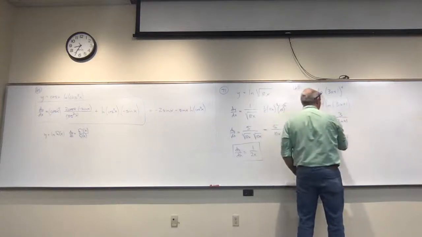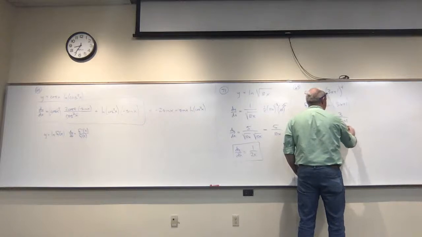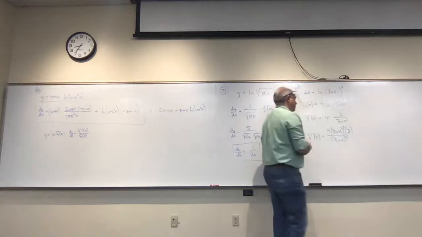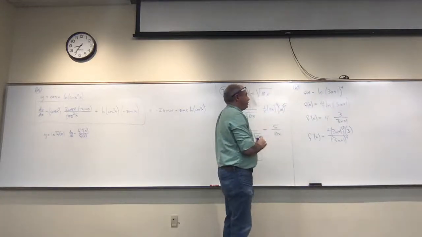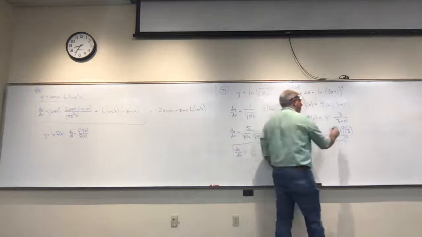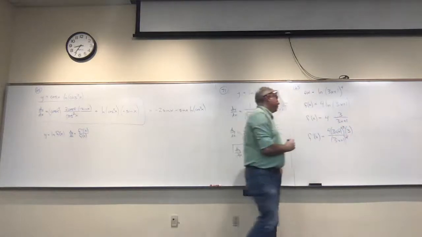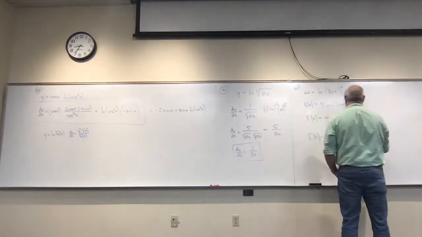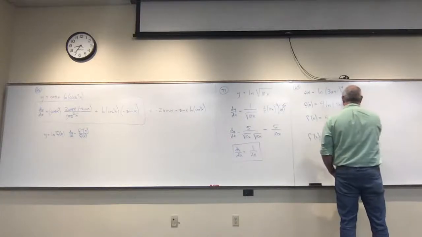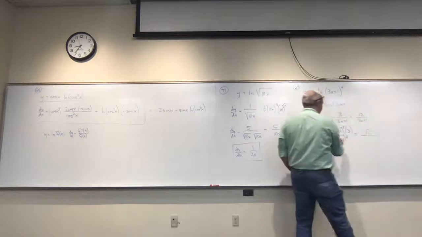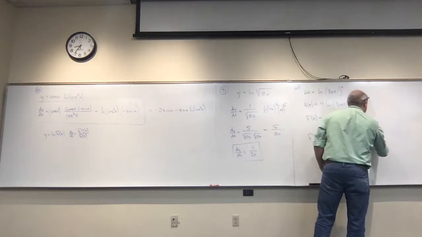The derivative is 4 times 3x plus 1 cubed times the derivative of what's inside, which is 3. Correct? But then you see that 3 of these cancel with 3 of these. Either way, this is 12 over 3x plus 1. 12 on top, and on bottom, you have 3x plus 1.